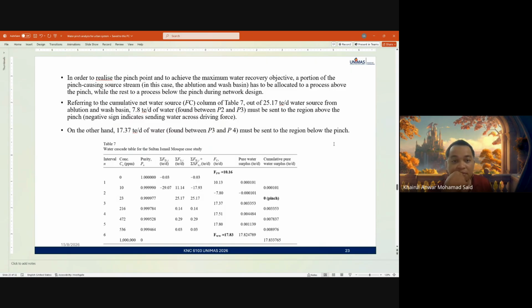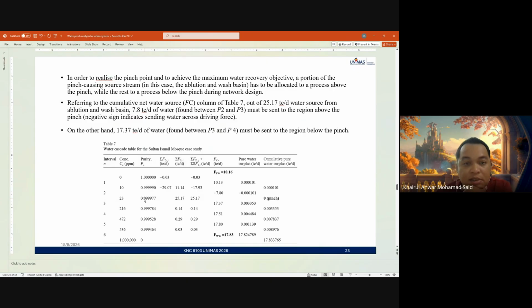Referring to the cumulative net water source FC of table 7, out of the 25.17 tons per day water source from ablution and irrigation, 7.8 of water found between P2 and P3 must be sent to the region above the pinch.